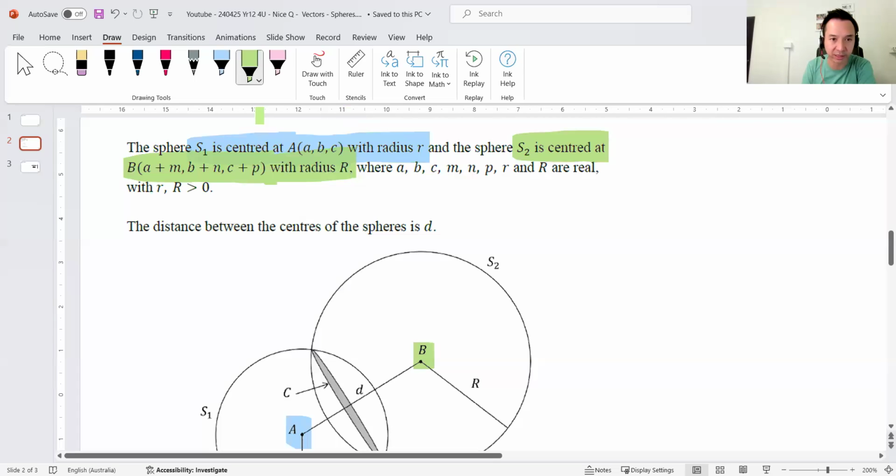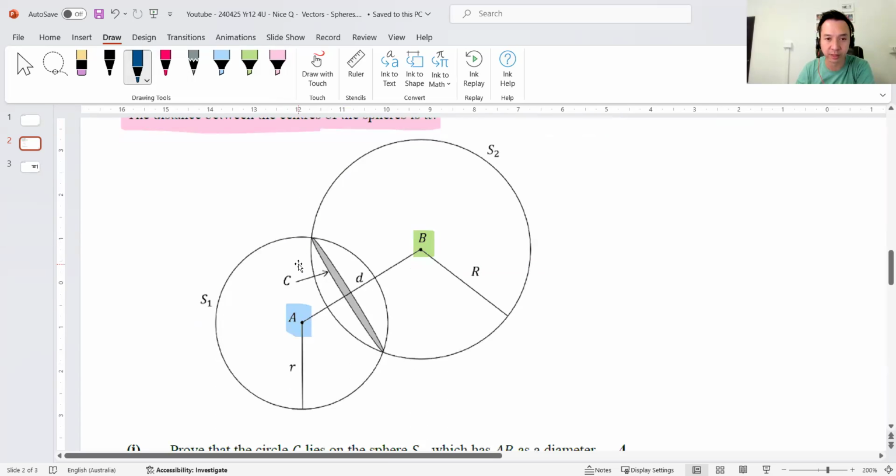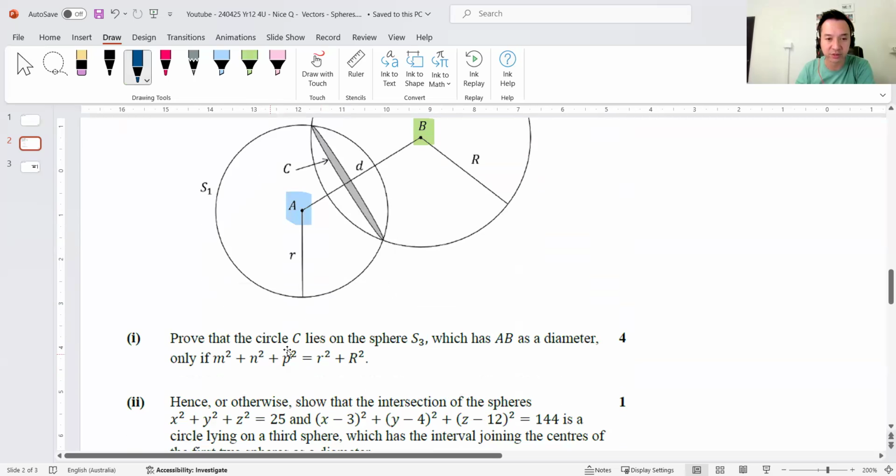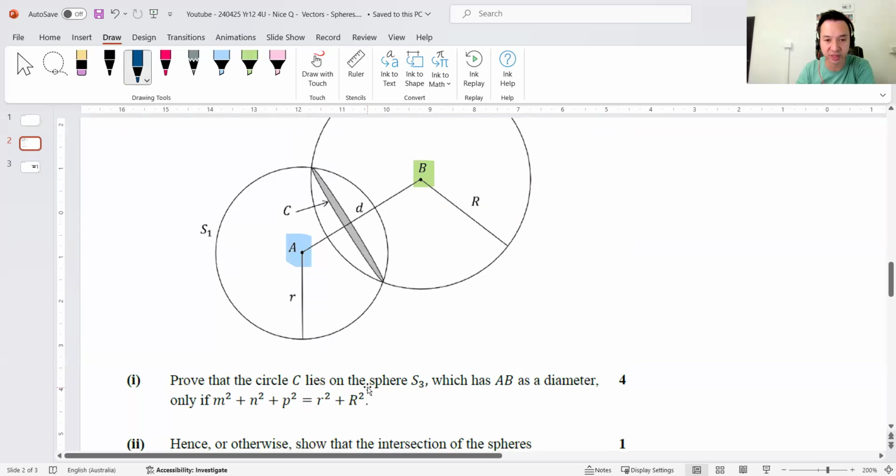The distance between the 2 spheres' centers is d, so that's important. Prove that the circle C lies on the sphere S3.